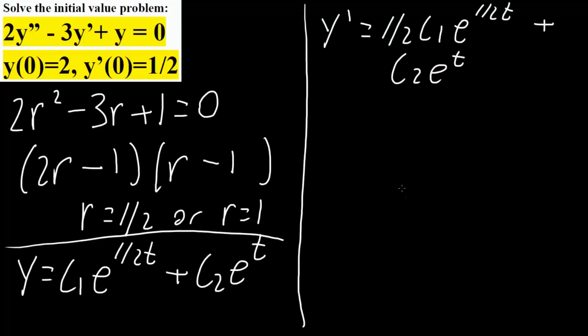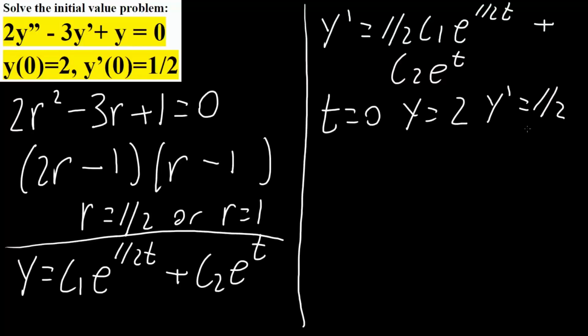The next thing we're going to do is, in both of these equations, t is equal to 0, but for y it would be y = 2, and y' = 1/2. And so we're simply going to plug this into both of these equations to solve for c1 and c2.